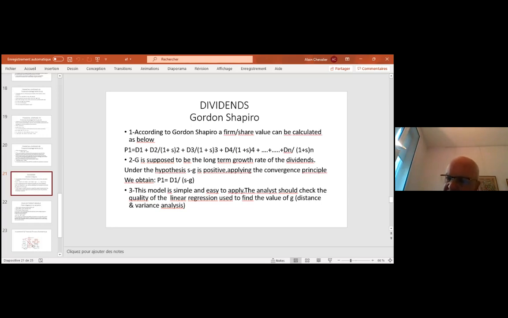It means that P1, the price, is equal to D1, let's say the next dividend to be paid, plus D2 for the year after, divided by 1 plus S, cost of equity, squared, plus D3 in 3 years from now, divided by 1 plus S cubed, and so on, up to infinity.